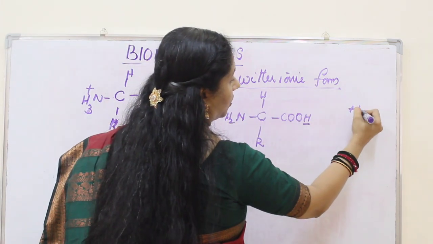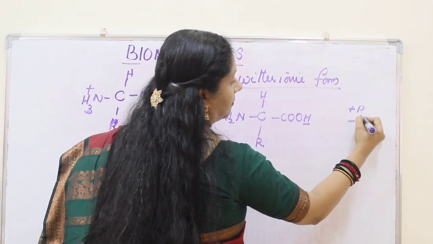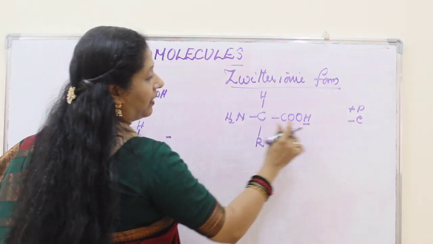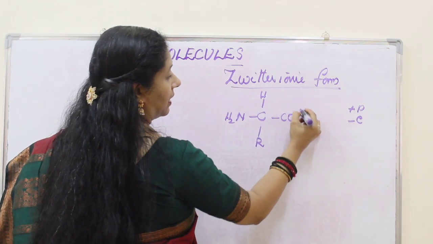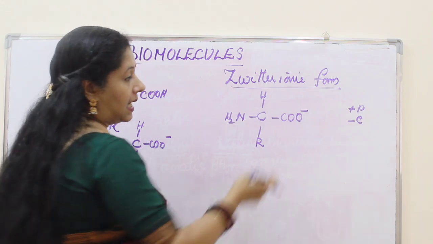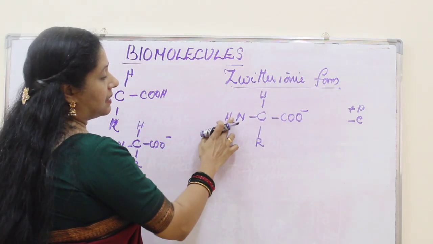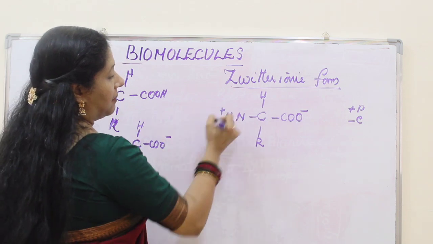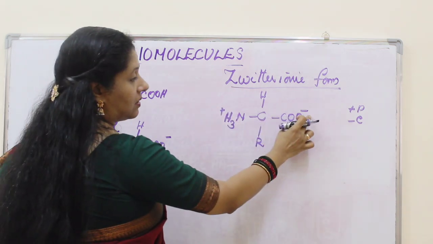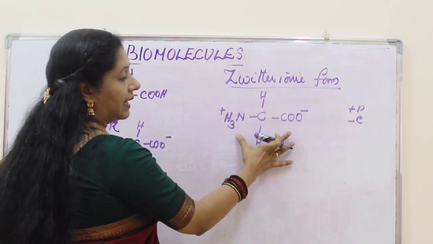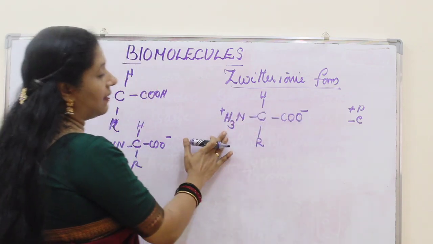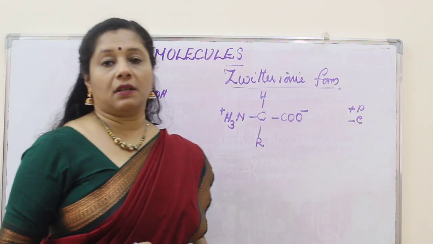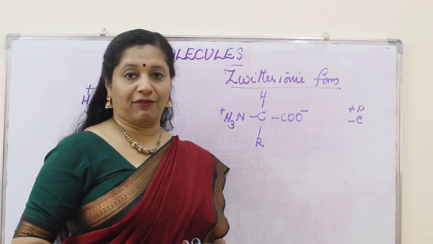Hydrogen means one proton, one plus, and one electron, one minus. From this, one proton is going, so it will remain as minus. That same proton is taken by the amino group, then it becomes NH3+. So whatever is going from here is taken here. So at the same time it has both negative and positive charges. This condition is called the zwitterionic form.